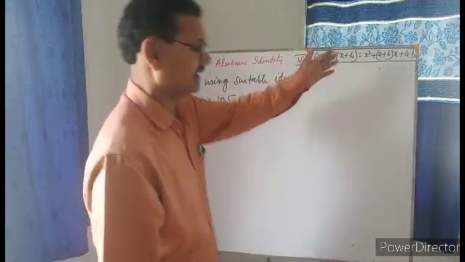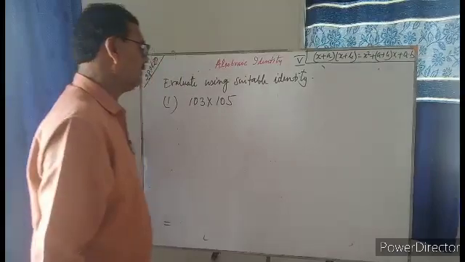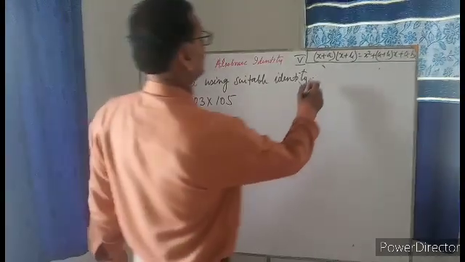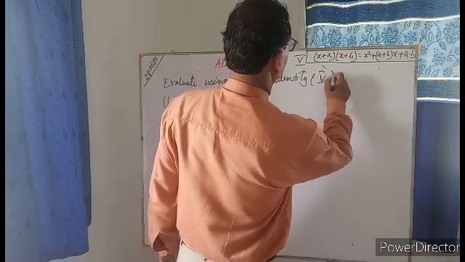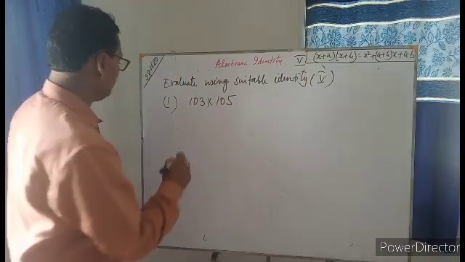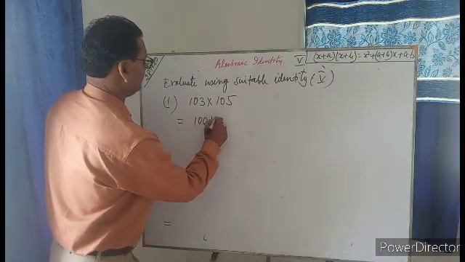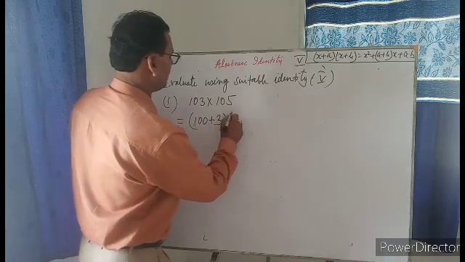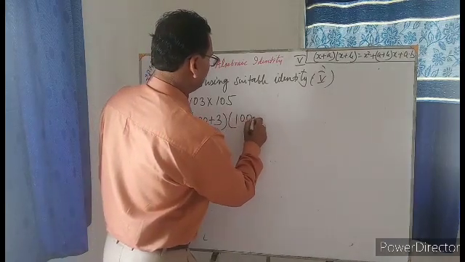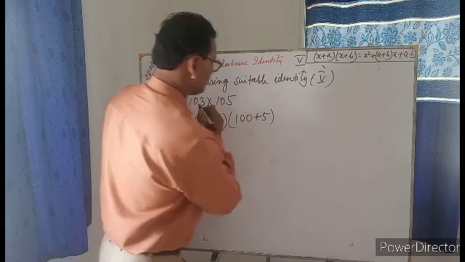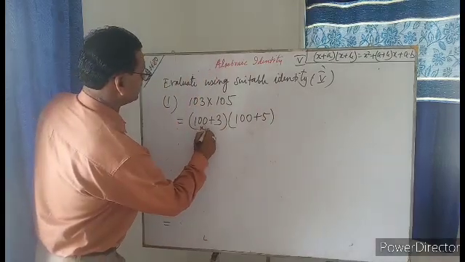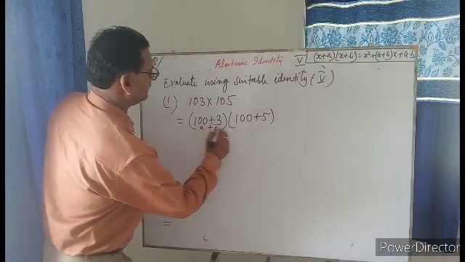That is this identity, identity 5. I am writing identity 5. So here it can be written 100 plus 3 into 100 plus 5. Now see, what is x? x is 100. What is a? This.